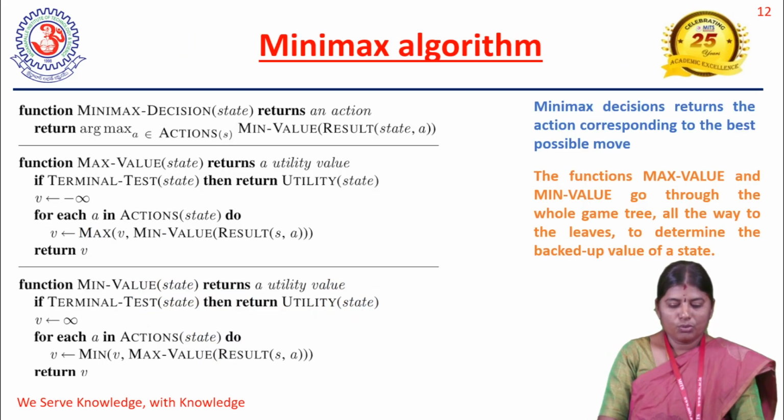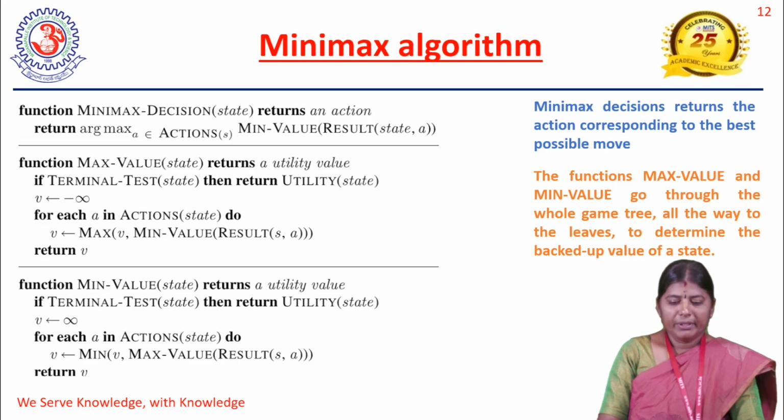This is the pseudocode which is used to find the minimax value of a node. It starts with the decision, which takes the state as input and returns the best move, or optimal move, among all possible actions.